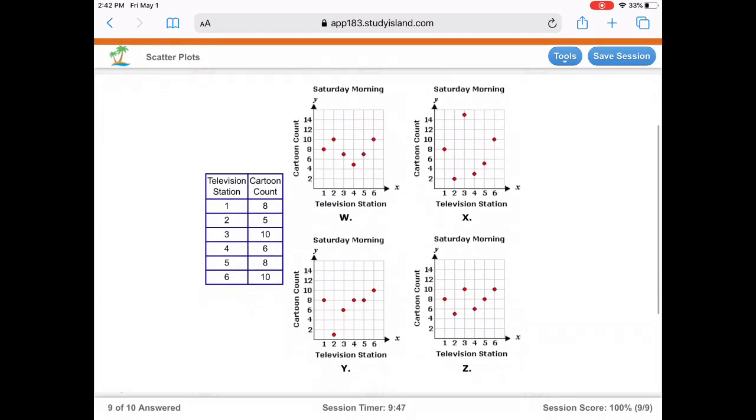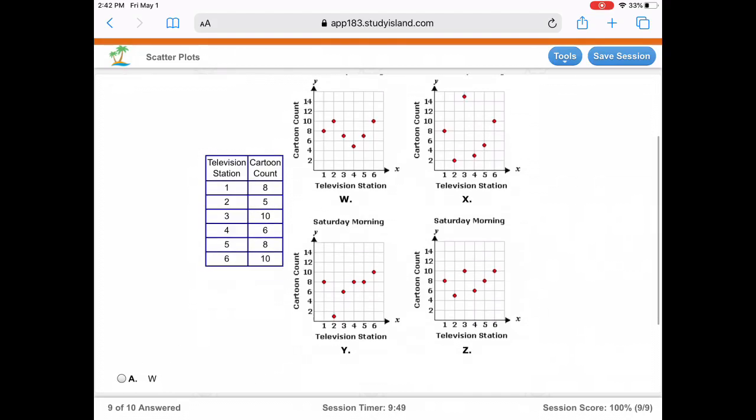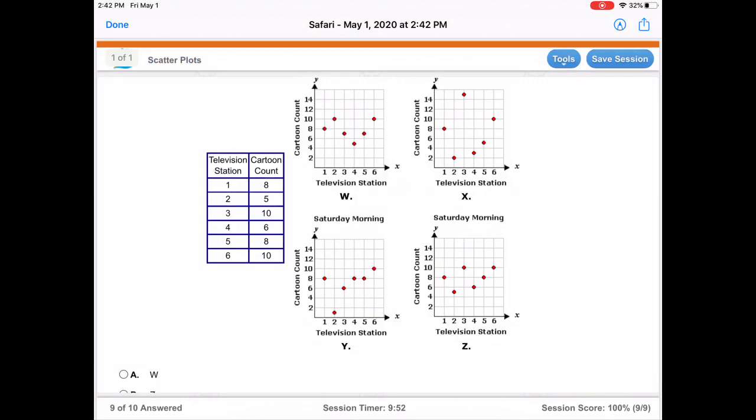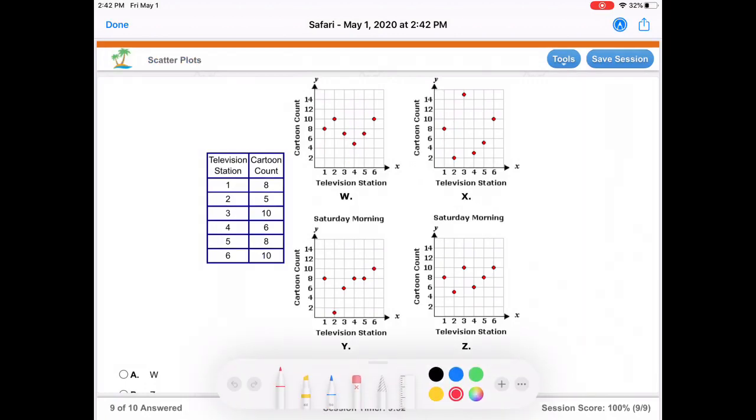And this is another one asking for which scatter plot matches the data. So looking at 1.8, I see 1.8 there, 1.8 there, 1.8 there, and 1.8 there, so that doesn't help us. 2.5 would be right about here, so that's not in there. 2.5 would be right about there, so it's not X. I don't see 2.5 on Y, so the only one that has 2.5 is Z. Weird how every single scatter plot question has been Z. And then 3.10 is there.